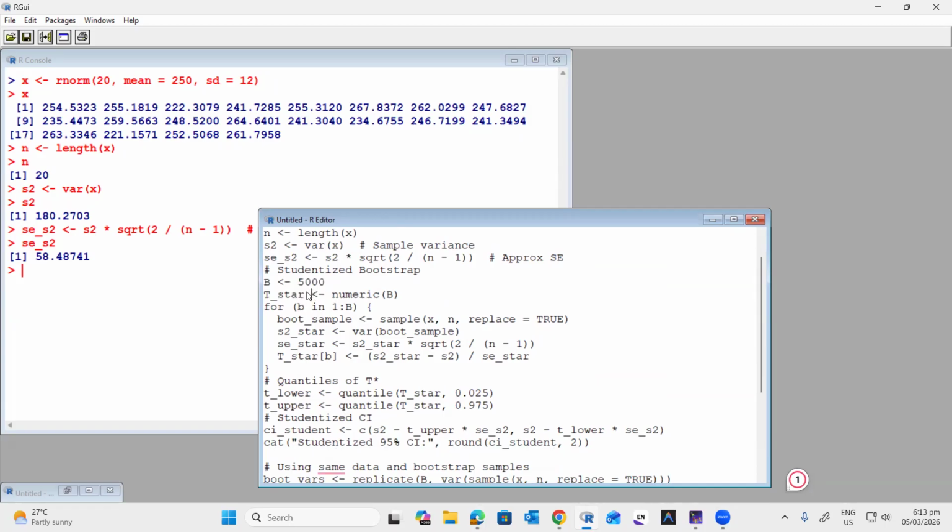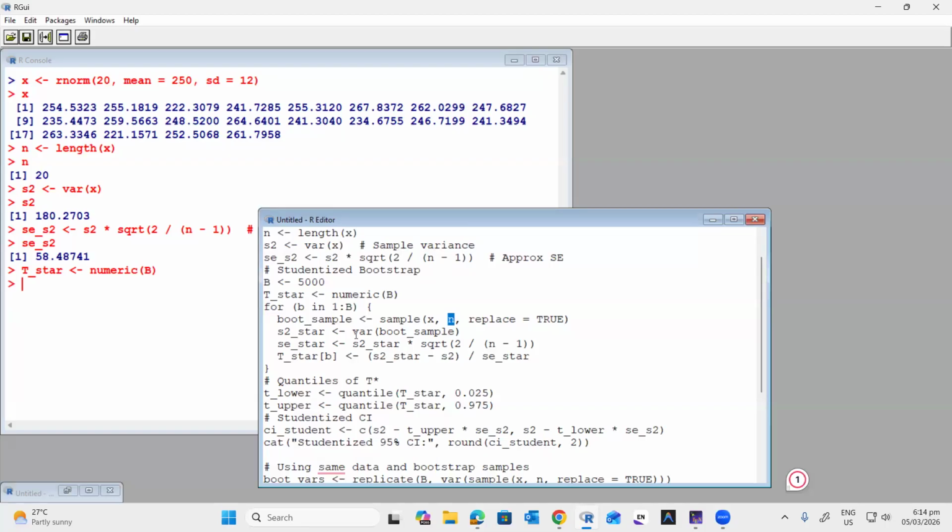All right, and T star, our T statistics for bootstrap sampling, we are going to store in T star as a null vector. We define T star as a null vector here. After that, we apply the for loop to generate the resampling again and again from 1 to 5,000 times. So here boot sample: we generate the sample from the given S of size n with replacement, and after that we calculate the variance of each boot sample in S2 star.